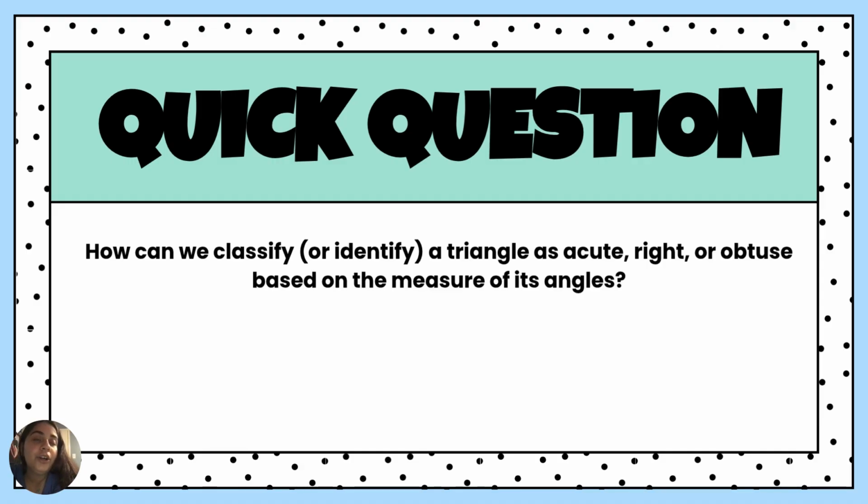So after doing our independent work, one question that I have for you guys is, how can we classify or identify a triangle as acute, right, or obtuse based on the measure of its angles? Can anybody tell me how we can classify it? Okay, so we know that an acute is going to be what degrees?